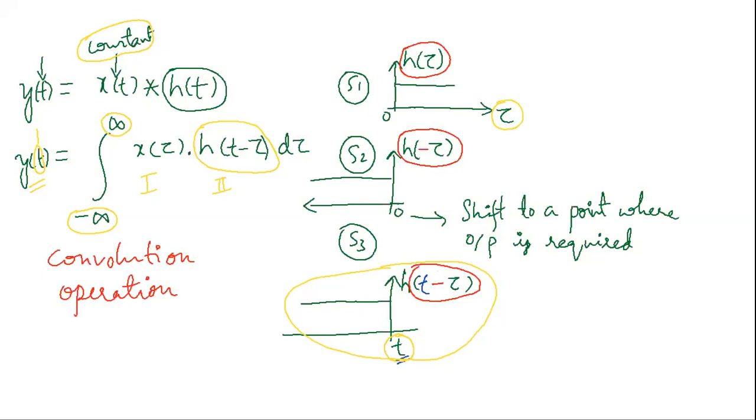Just to differentiate between time domain and frequency domain, we'll write time domain signals in small letters, whereas frequency domain signals we'll write in capital letters. So here capital X cap of f is equal to capital X of f times H of f, and convolution in the time domain is replaced by multiplication in the frequency domain.